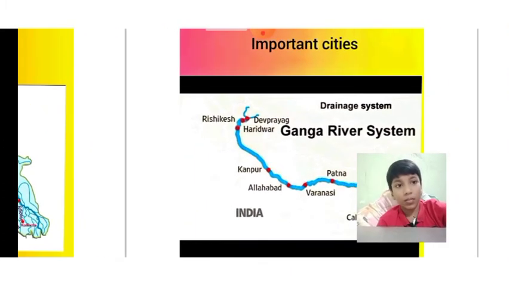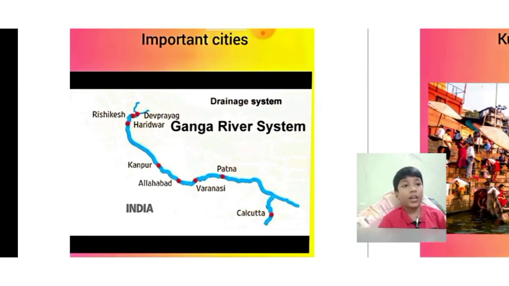We saw some important cities in the Ganga basin: Rishikesh, Devprayag, Haridwar, Kanpur, Allahabad, Varanasi, Patna, Calcutta.